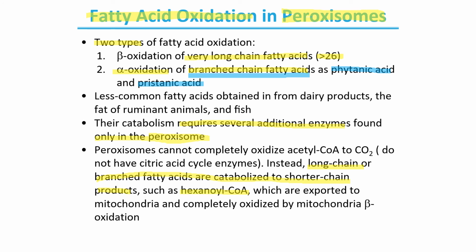So from 26 or 28 carbons, if it is a long chain fatty acid, the peroxisomes will break them down to a 6 carbon chain, which is known as hexanoyl CoA, and then it will be exported to the mitochondria, and in the mitochondria the complete oxidation will happen.